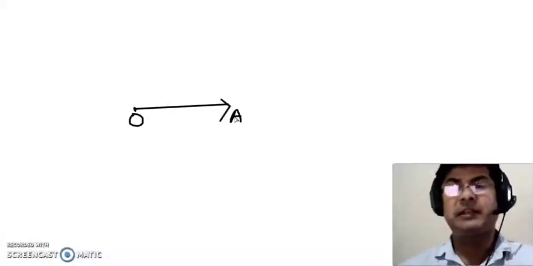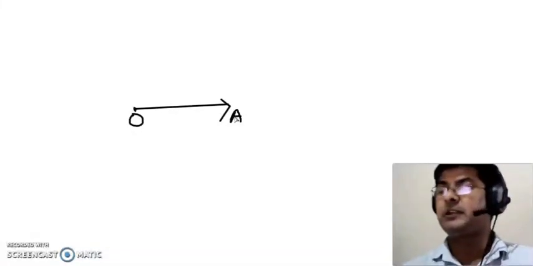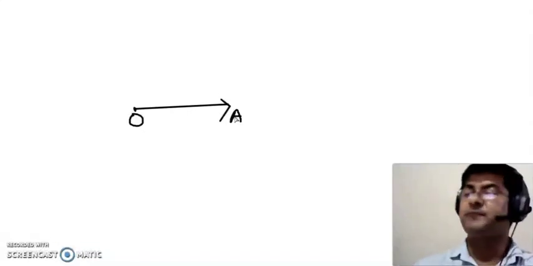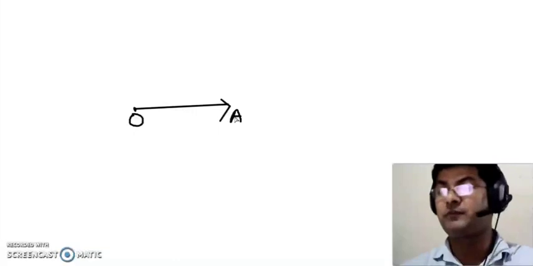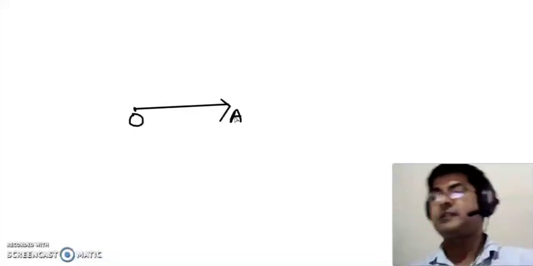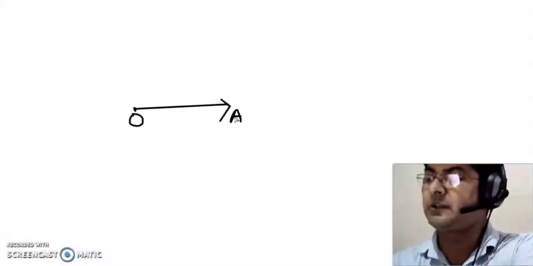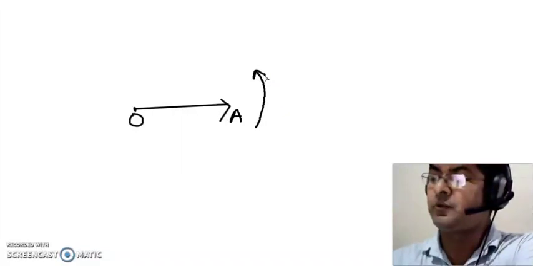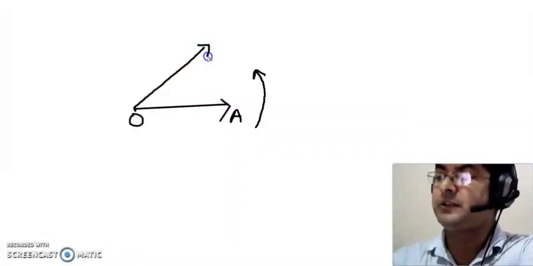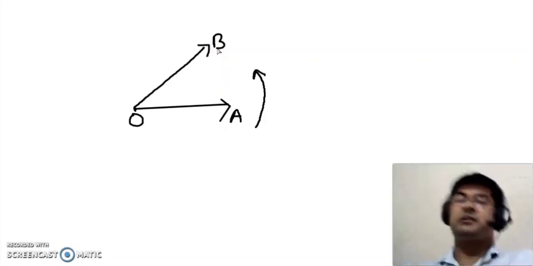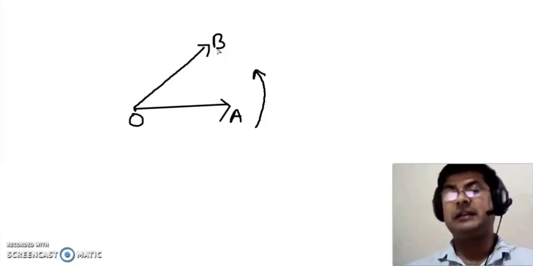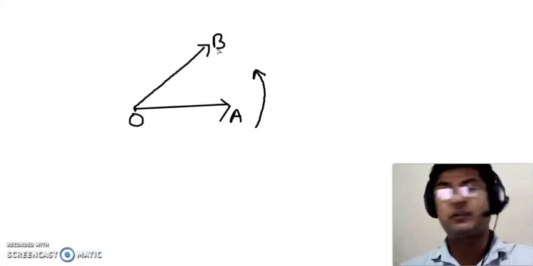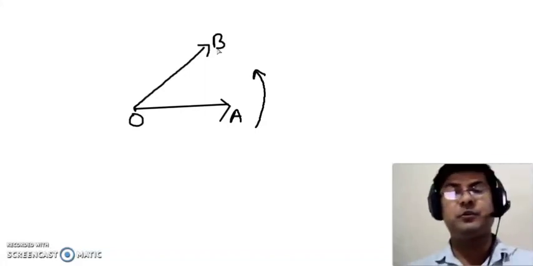So we can name this ray as ray OA. Now, consider the rotation of this ray about its endpoint, O, which is called the endpoint or the origin. Suppose we are considering the rotation in the anti-clockwise direction, so OA will rotate and suppose it occupies some position OB. Then we will say that the angle has been generated. The angle is angle AOB or angle BOA.